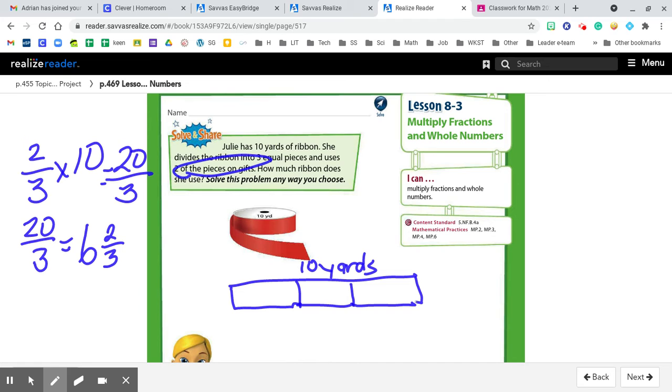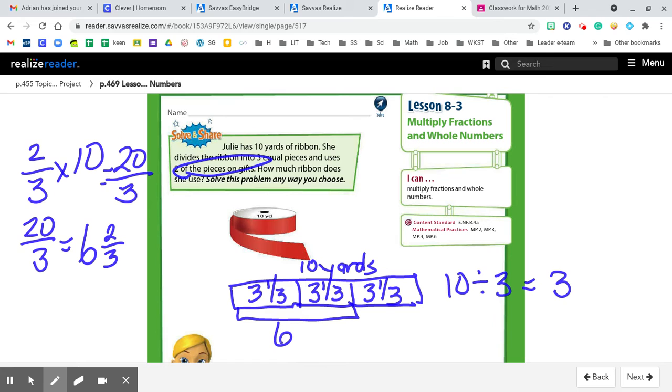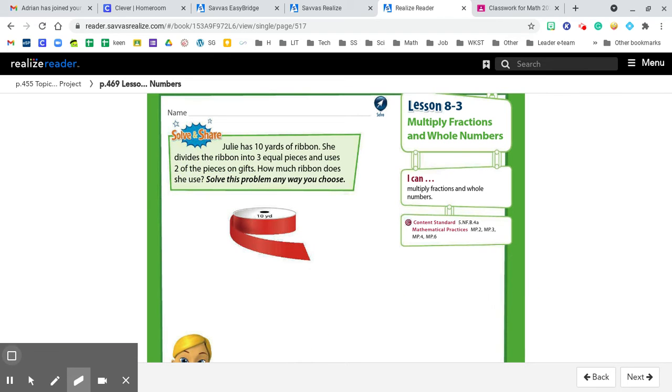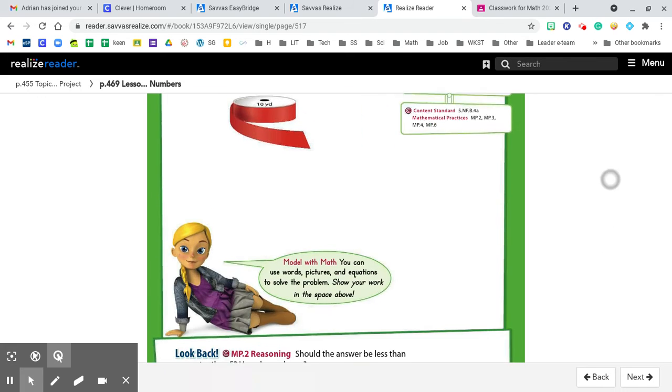So first we can figure out how you would divide 10 yards into 3 pieces. 10 divided by 3 equals 3 and 1/3. So when you look at how much she used, 3 1/3 plus 3 1/3 is 6 2/3. You can do it that way as well, or whatever else you think of.